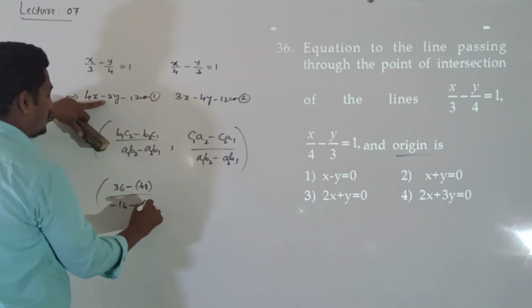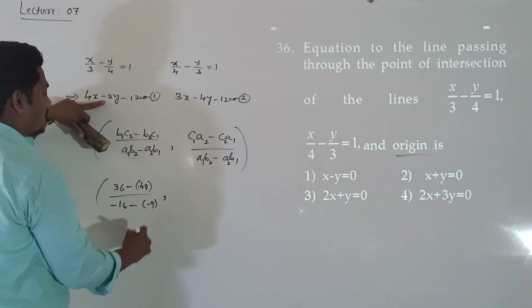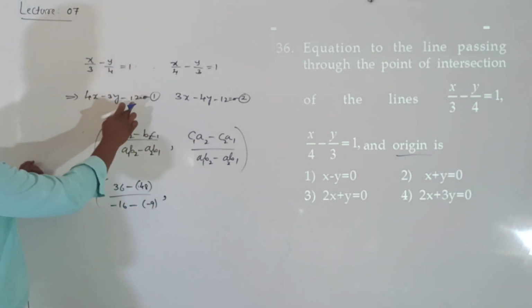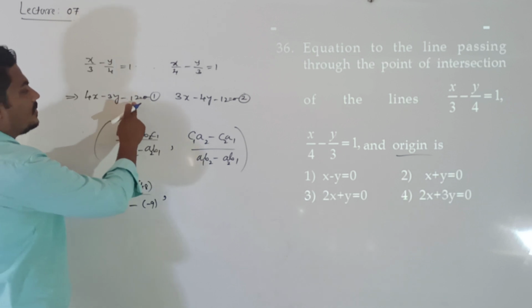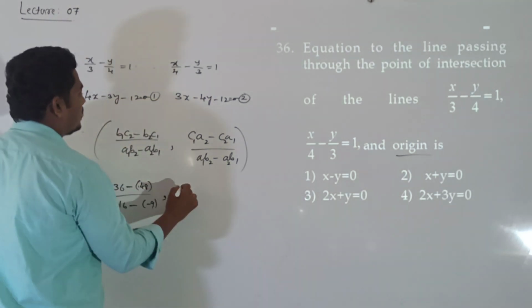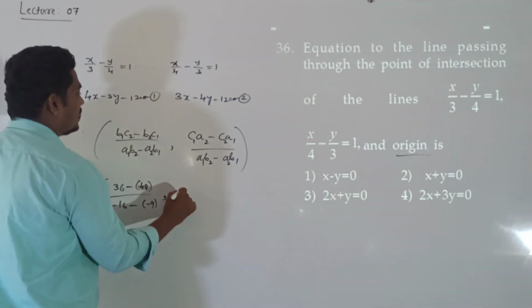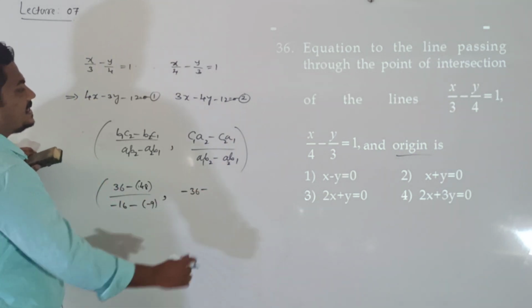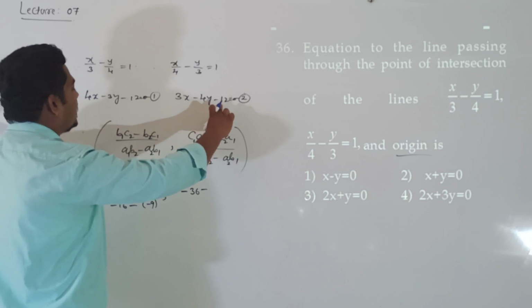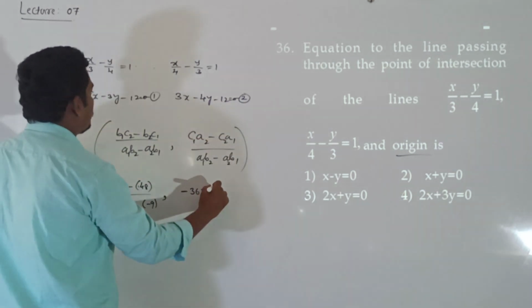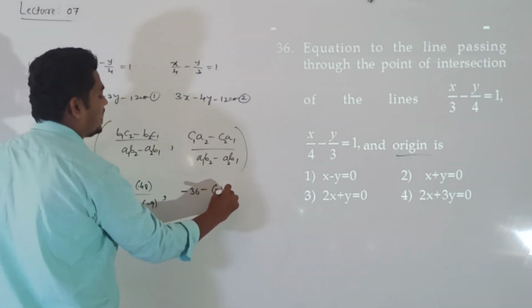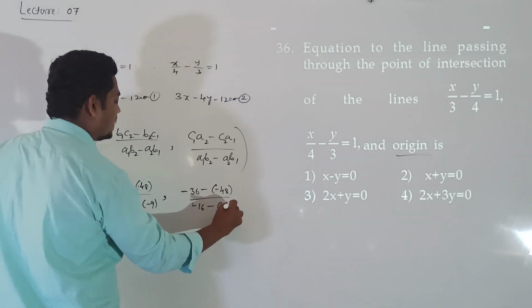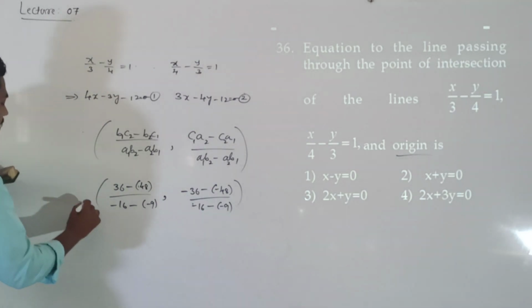B1 minus 9, comma CA minus A, C1 A2. What is C1? Minus 12. What is A2? 3. Minus 12 plus 3, minus 36, minus C2 minus 12, A1 4, minus 48, divided by minus 16 minus of minus 9, right?